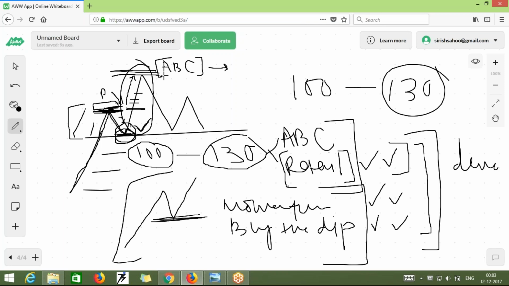Now at the top, or just as the stock starts falling, ABC dumps all the remaining shares. So ABC will dump at this level or just below while it starts falling.